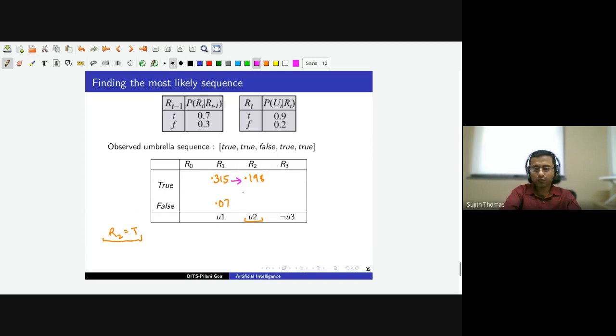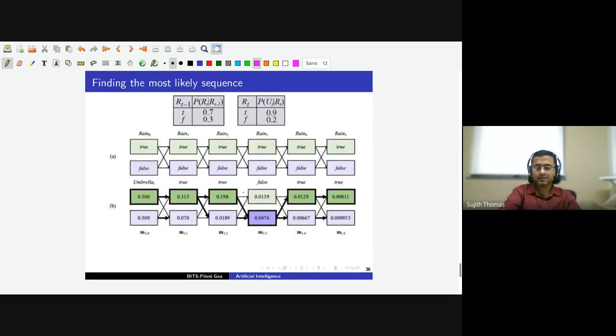Let me just move to the next slide, which is what is shown in the textbook. So basically, at every time step, we are finding a message which is a vector. This is similar to the message we were forwarding in the filtering example. We were forwarding a vector which had probabilities associated with true and false values.